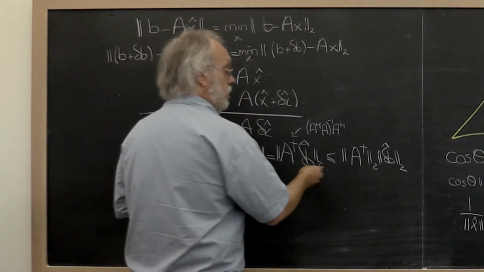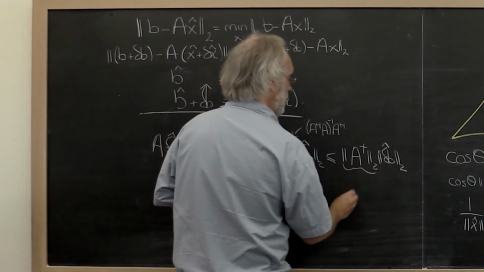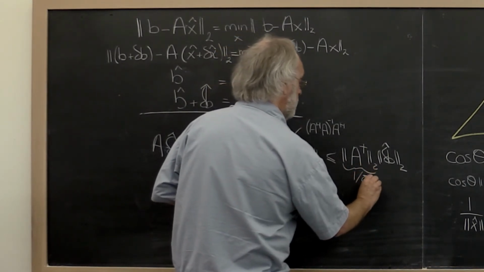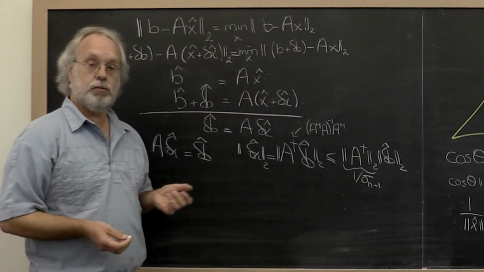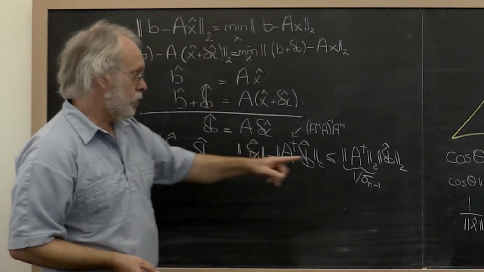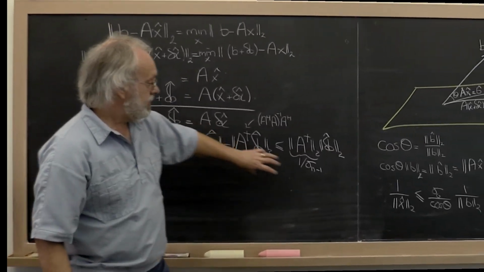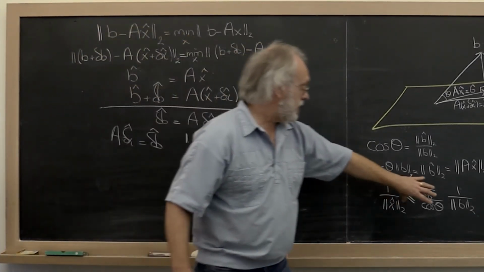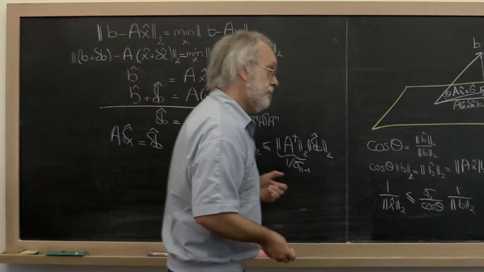And then we have a little homework in which you determine that this here is equal to 1 over the smallest singular value of A, sigma n minus 1. And if we put all of that together with what we did right here, we know that this times this must be less than or equal to this times that, because all these quantities are positive.